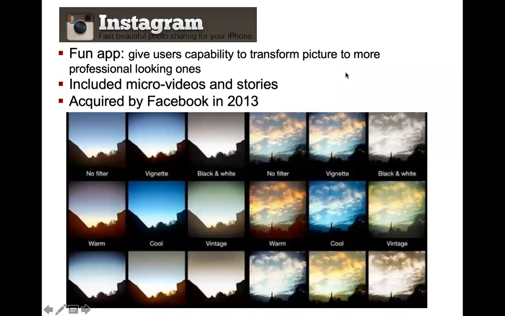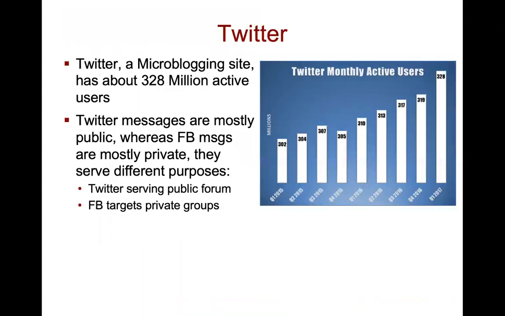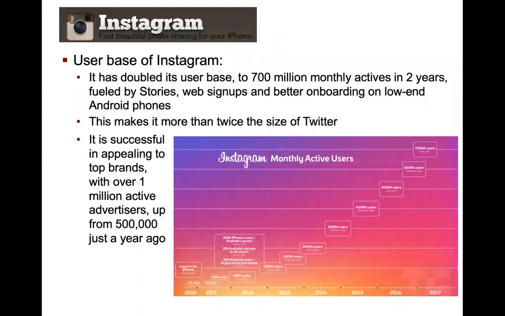As I mentioned before, they came up with this new feature of filters, right? And then they got acquired by Facebook in 2013. Then we see explosive growth for the social network together in the Facebook infrastructure. So overall, Instagram has gained a lot of popularity and become one of the dominant social networks, not just for users, but also for advertisers to place their ads.